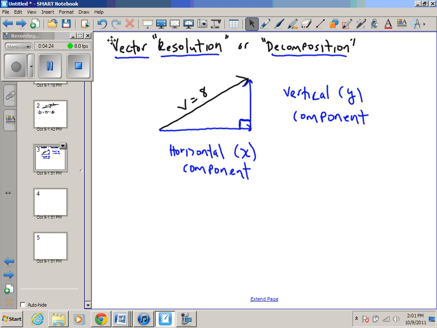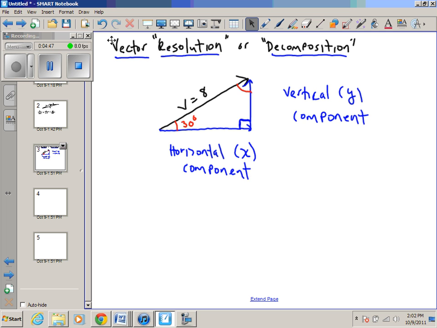So now to split this vector up, to break it down into a horizontal component and into a vertical component, there's one piece of information I need to know. I need to know one of these angles. I need to know this angle here or that angle there. I need to know one of those angles, and if it's not obvious to you yet why, you'll see soon. So let's say that this angle here is 30 degrees.